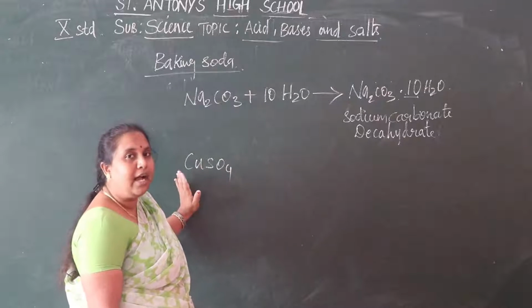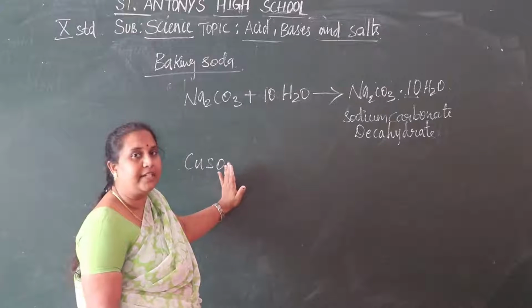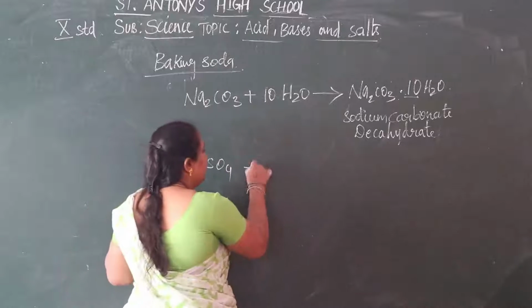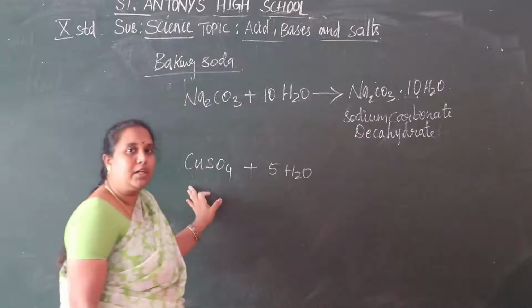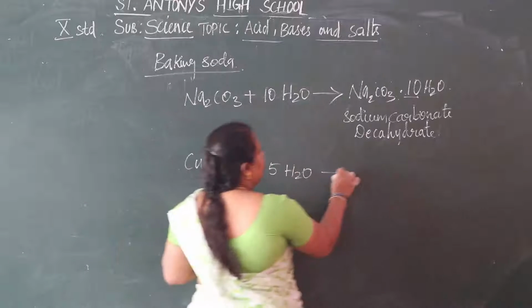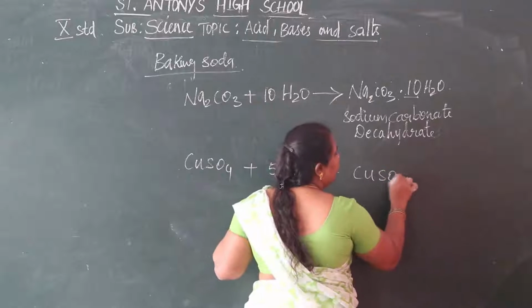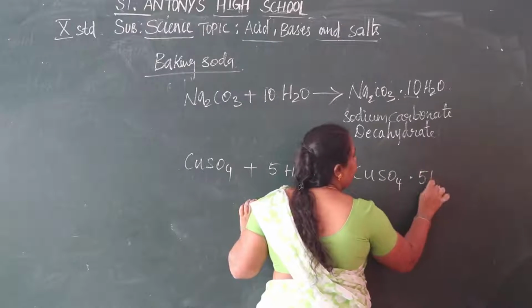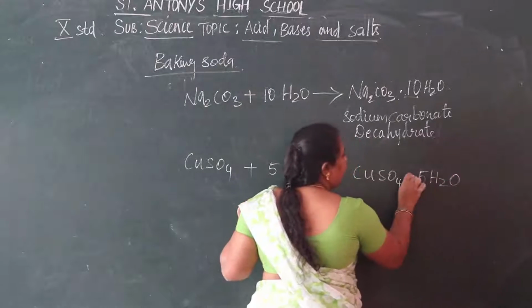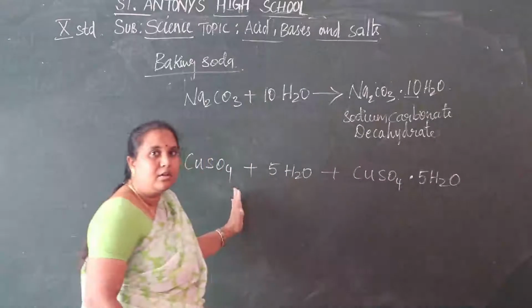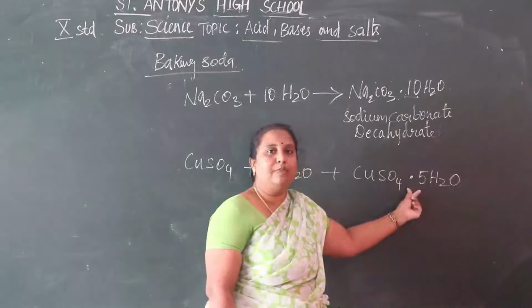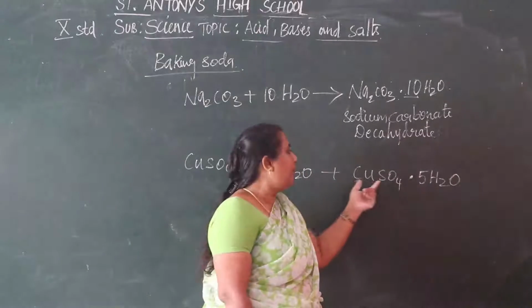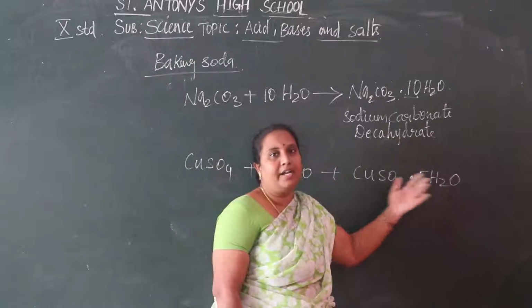We add 5 water molecules to this and we get CuSO4·5H2O. 5 means penta, so it is copper sulfate pentahydrate.